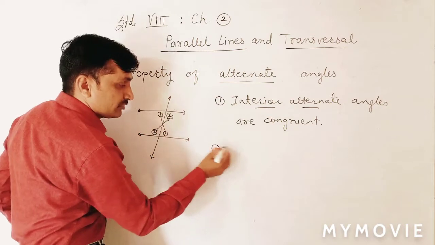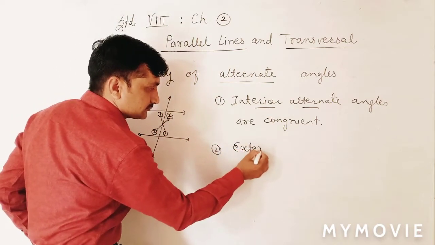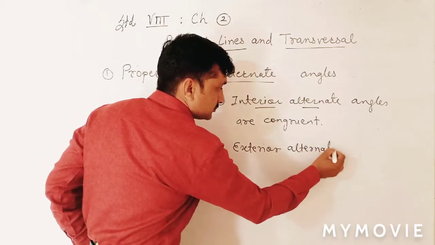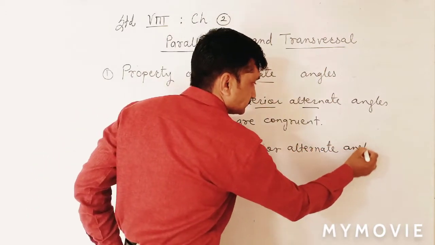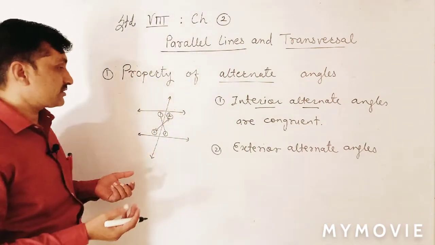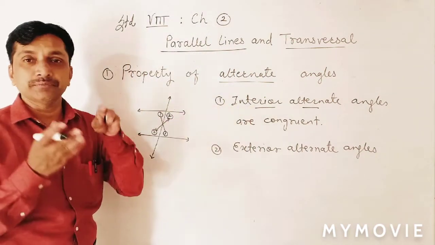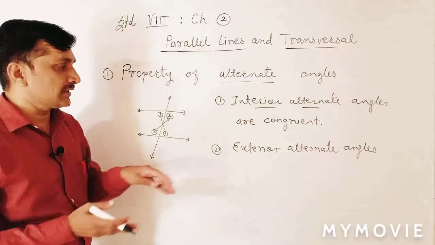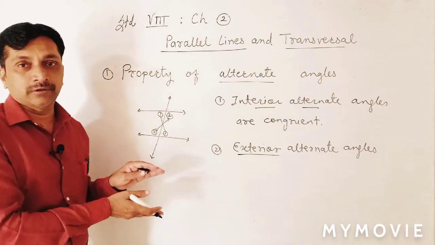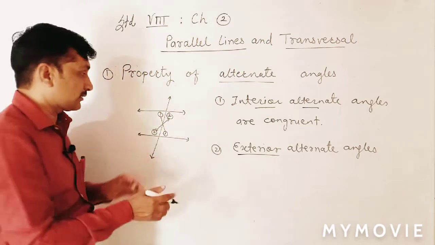Now the second type we get here is exterior alternate angles. Now which are exterior? As interior means between the parallel lines, exterior means outside of the parallel lines.